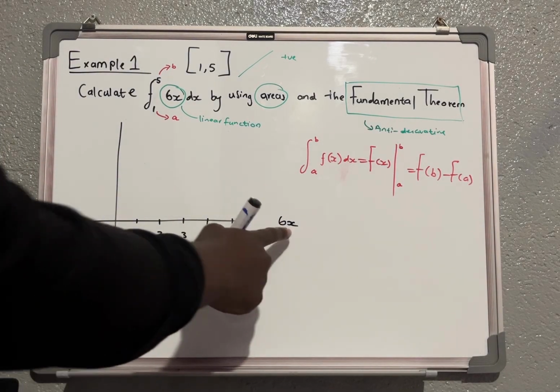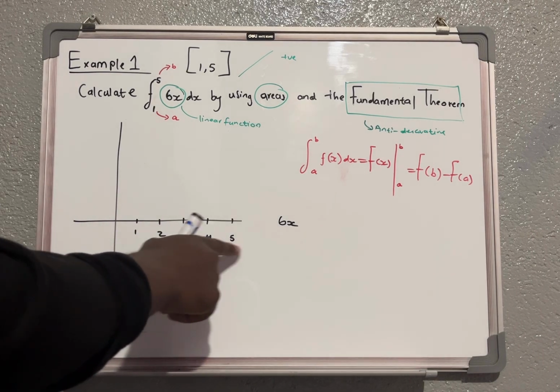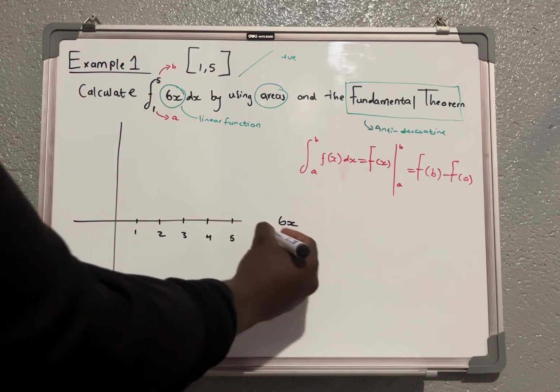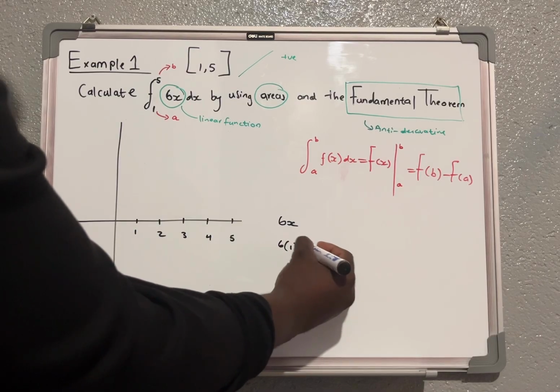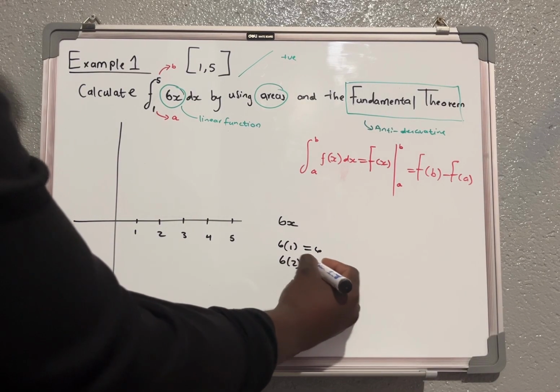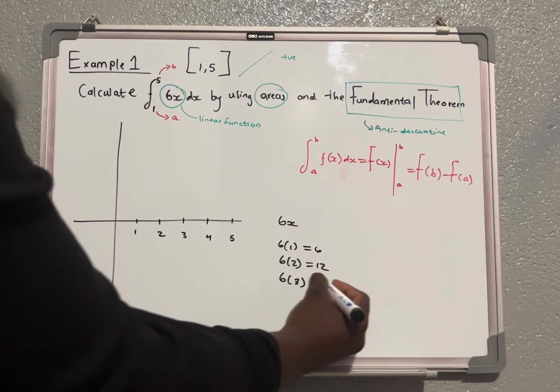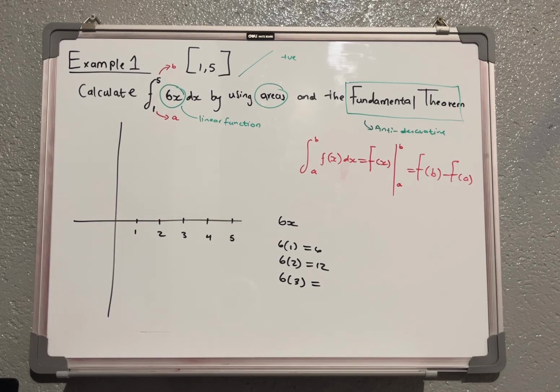In order to find the y values, we just input these x values into it. So 6 multiplied by 1 gives you 6. 6 multiplied by 2 gives us 12. 6 multiplied by 3 gives us 18.